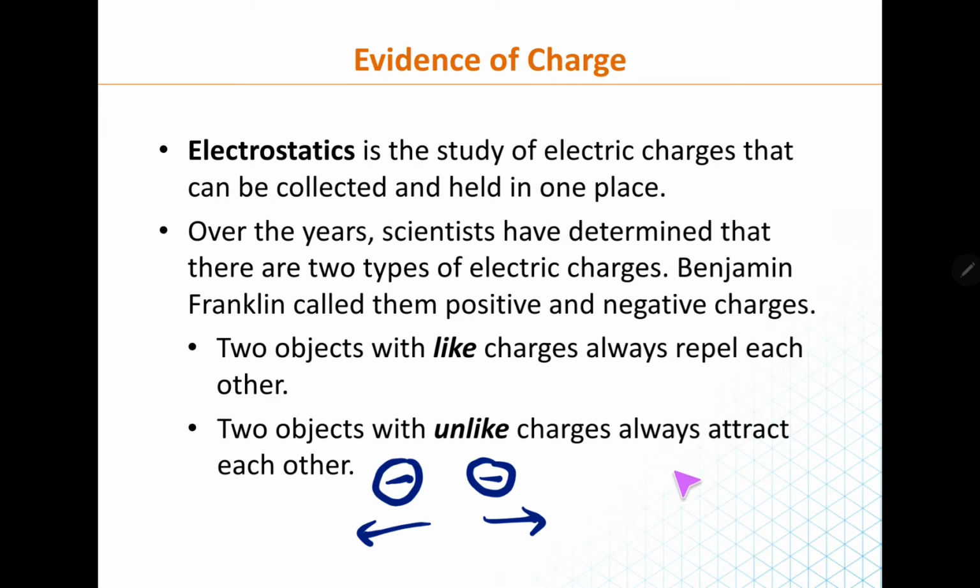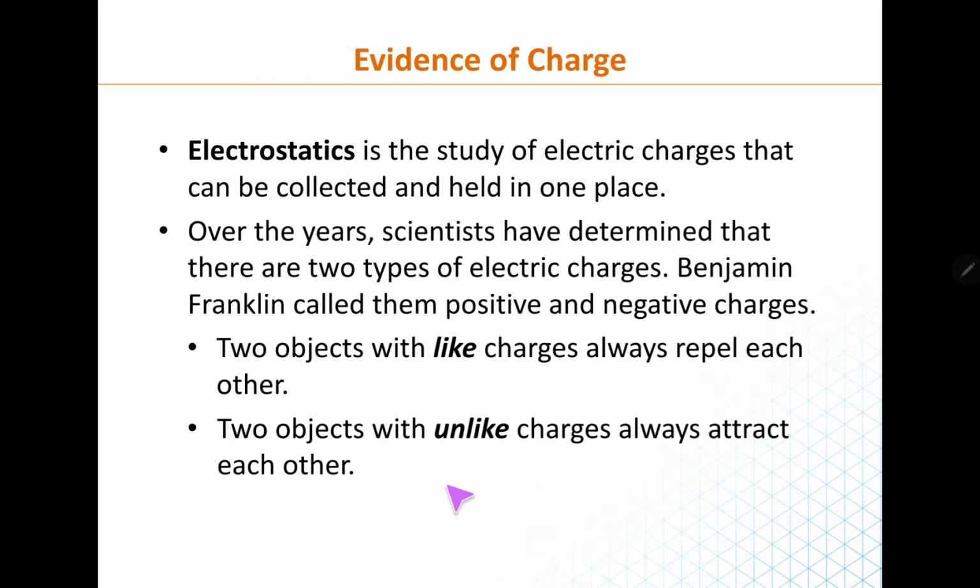And if we have an object with a positive charge near another object that also has a positive charge, they will also repel each other.